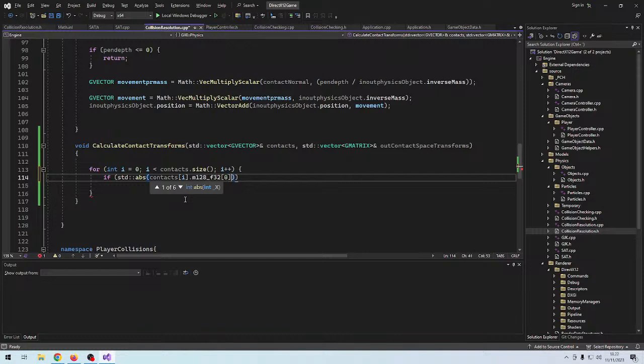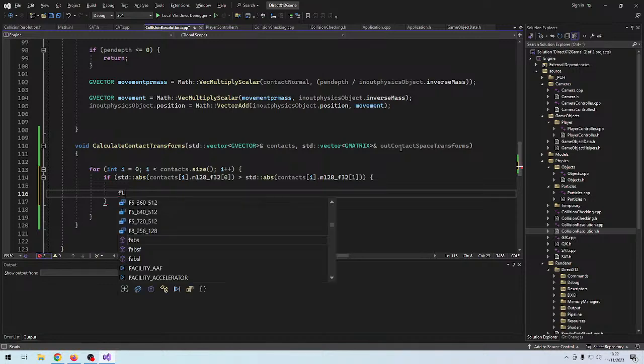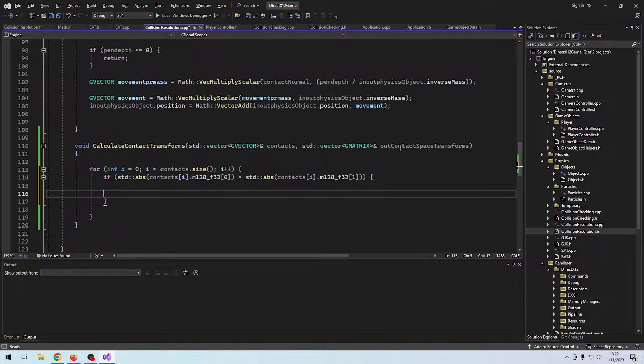Let's see, the x-axis is greater than, the x component is greater than the y component. If that is the case, we calculate a constant float. That is the scaling factor of 1.0.